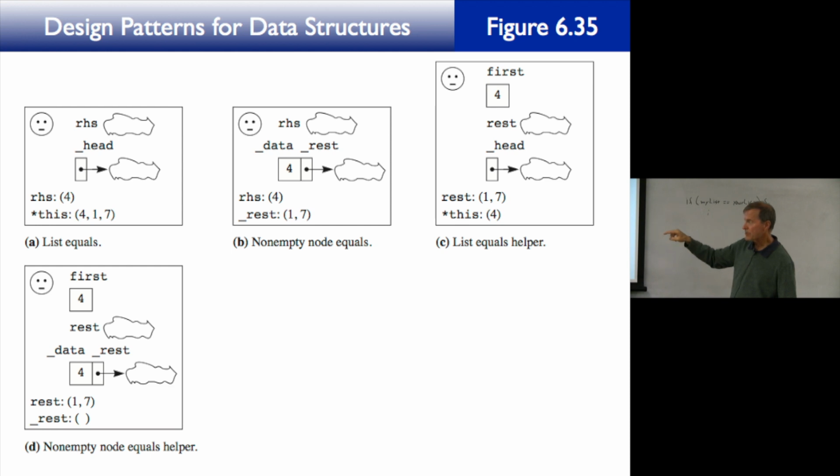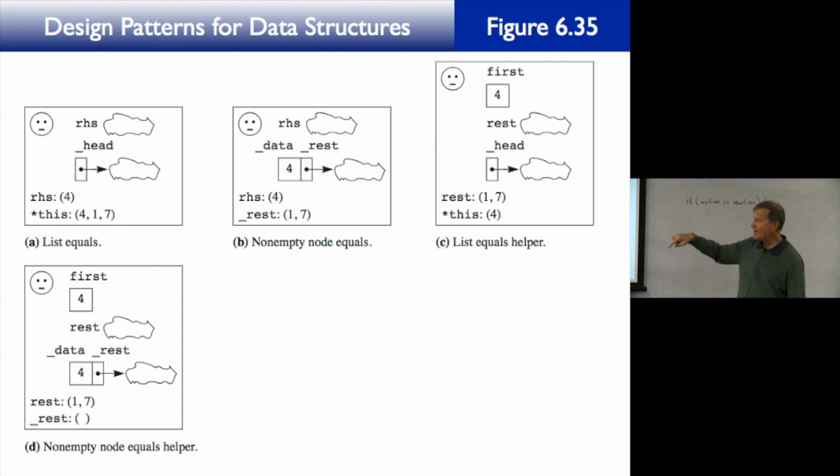Because it's a non-empty node, its environment is an underscore data and an underscore rest. The parameters are first and rest. So now what can it compare? First and underscore data. And if those are not equal, right away you know what? Yeah, you return false. But in this case they are equal.